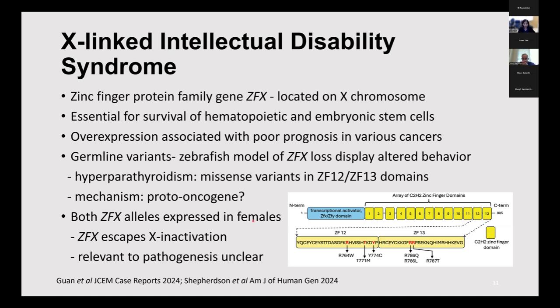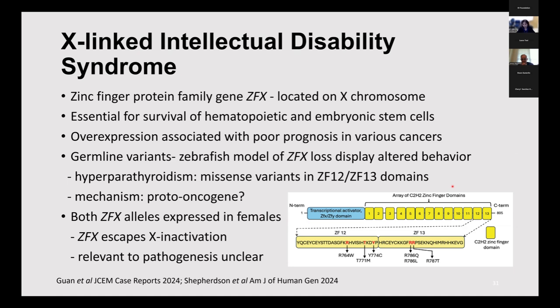The other intriguing thing to note about these patients is that both alleles of ZFX were expressed in females with primary hyperparathyroidism. We know that one of the X chromosomes undergoes inactivation, but in these females with ZFX-associated tumors, the gene seems to escape X inactivation.